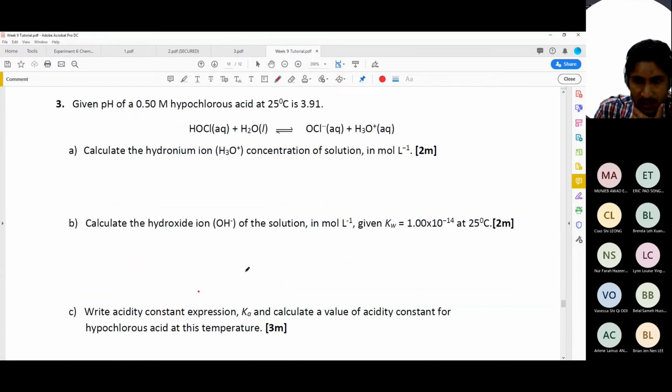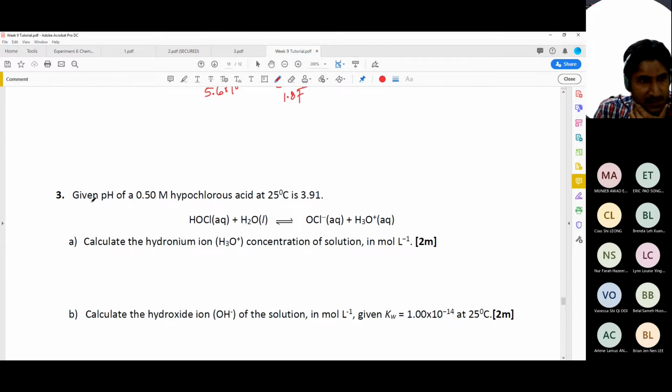All right. Question number 3 says that given pH of a 0.5 molar hypochlorous acid at 25 degrees centigrade is 3.91, right?